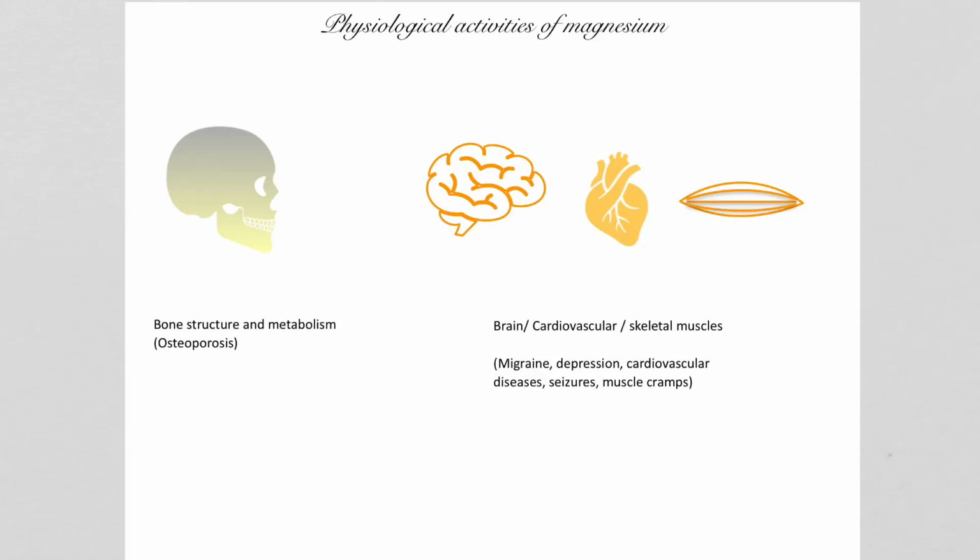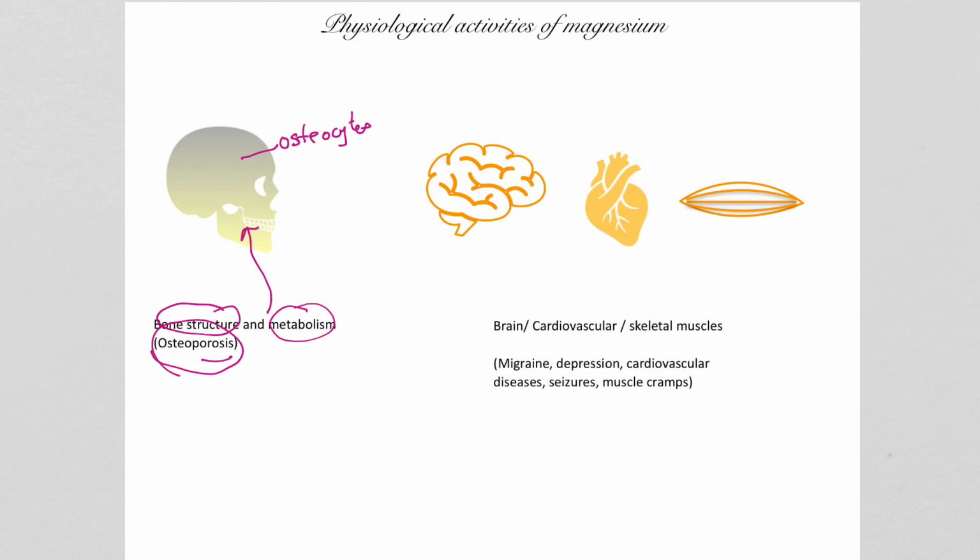With that biochemical basis of how magnesium works, it's not surprising that magnesium plays a very important role in the structure of the hydroxyapatite, or the bone structure, as well as in the metabolism of all the bone cells, such as your osteocytes and osteoblasts and osteoclasts and so on. There have been some papers that show magnesium deficiency related to osteoporosis.